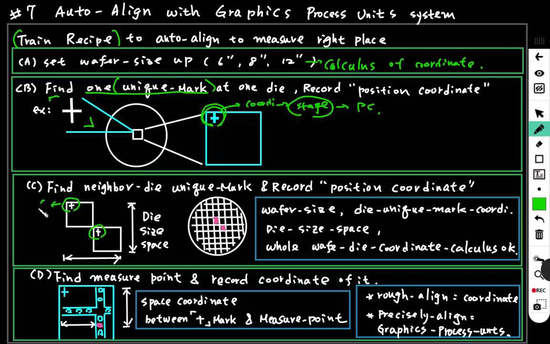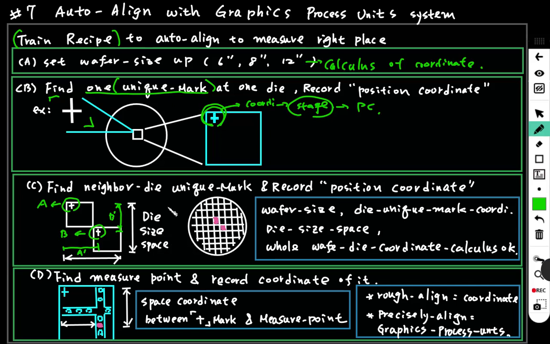Then we keep A coordinate and the B coordinate, and we know the A and B, this distance A prime, and the A and B, this distance B prime, and we know the die and die size space now.